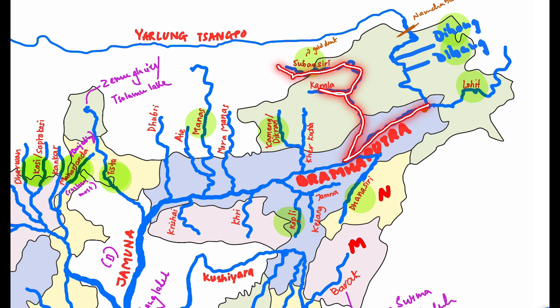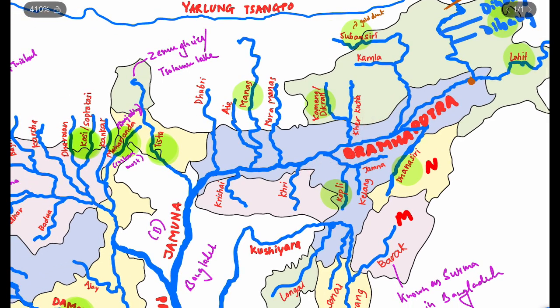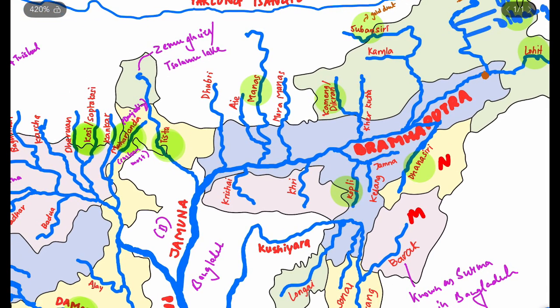We have to know that it is a right bank tributary, and gold dust is found in Subansiri River. We have to remember that. Then here it flows. Then Kameng joins it. Then Manas River joins it.